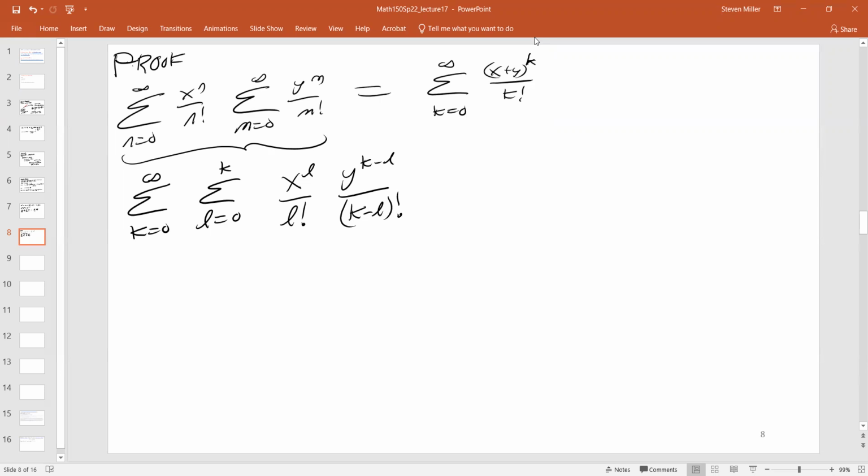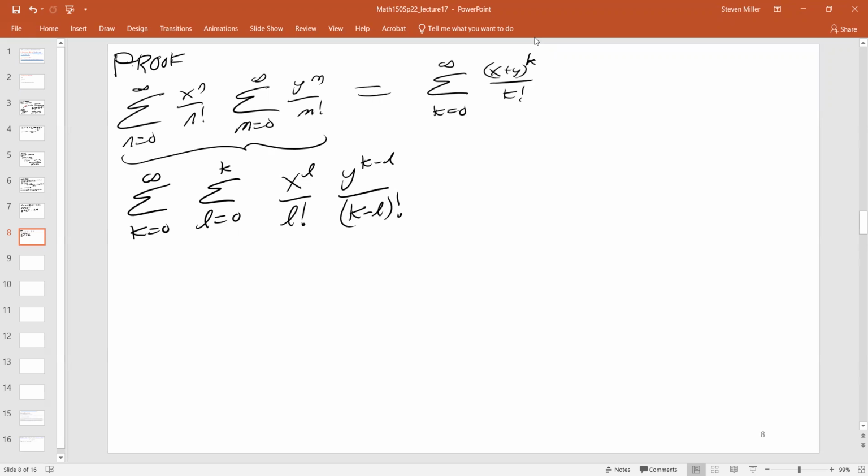Now, so much of math is about pattern recognition. I have L factorial, k minus L factorial. Does that remind you of any expression you've seen in mathematics? Any quantity that involves a denominator with an L factorial, k minus L factorial. Yeah, combination.